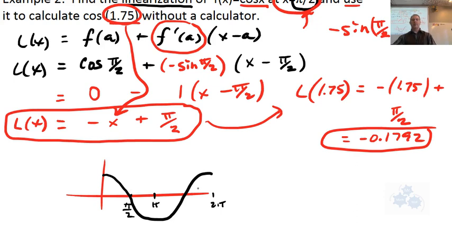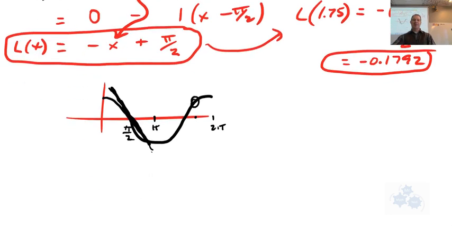But 2.75 would be closer to over here. So if we used the linearization at pi over 2, if we use this tangent line to estimate this value, you see how it's not going to work at all? It's only local. So we would get a value like down here, which is very different. So the further away you go from this point of tangency, the worse your approximation is going to be.